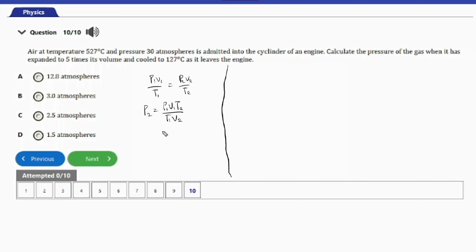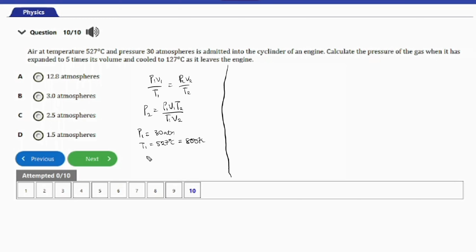So guys, if we state out all the parameters here, let's note that P1 is 30 atmosphere and then T1 is 527 degrees Celsius. If we convert this to Kelvin, we're just going to add 273 and that will give us 800 Kelvin.